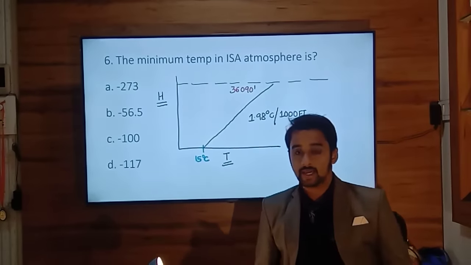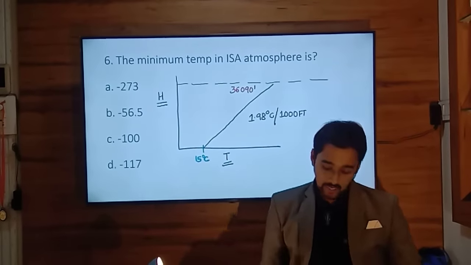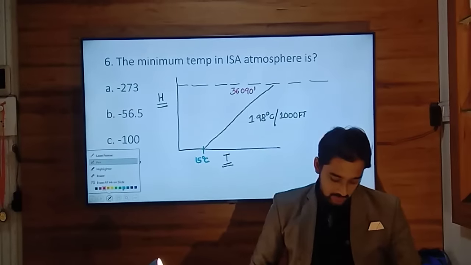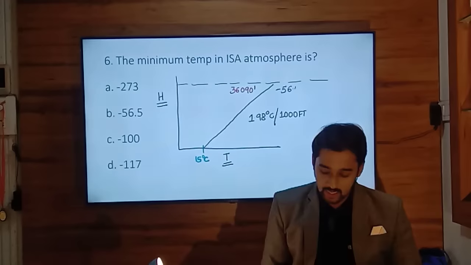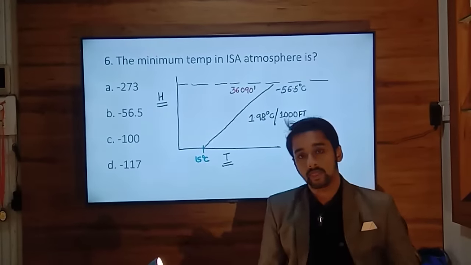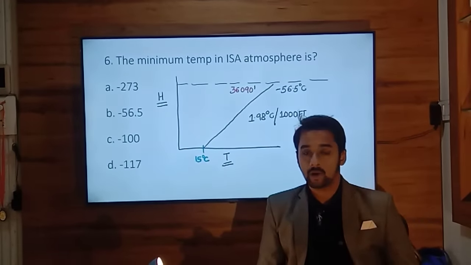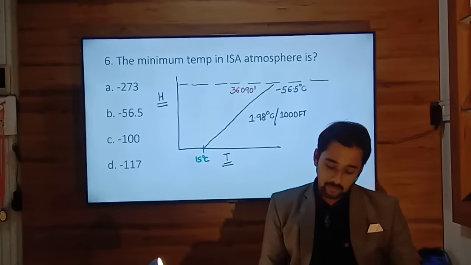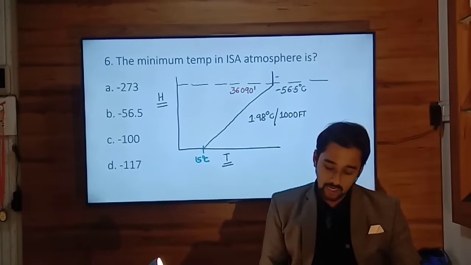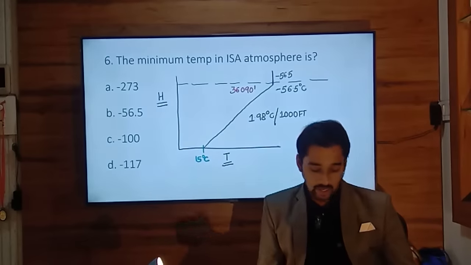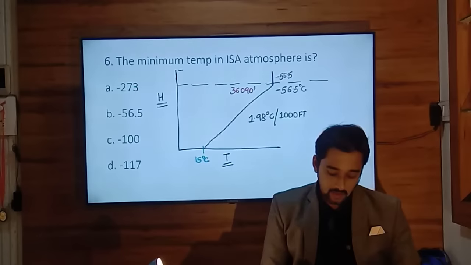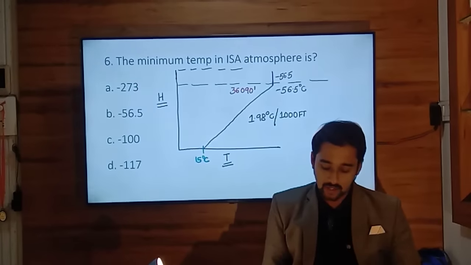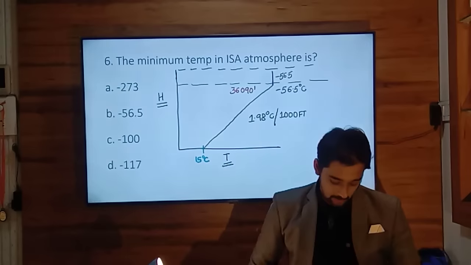36,090 feet. And the temperature that is achieved at this height is minus 56.5 degrees Celsius. Beyond this altitude, the temperature remains constant at minus 56.5, and you get an isothermal layer up to a height of approximately 65,000 feet.